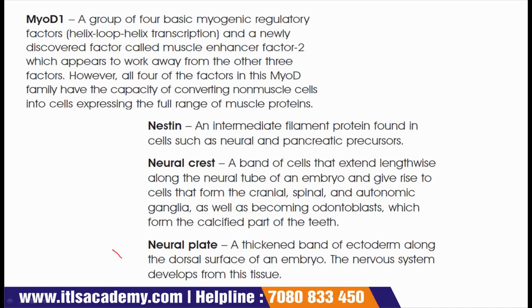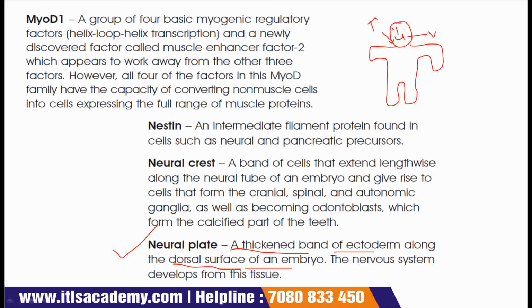The next term is neural plate. Neural plate is a thickened band of ectoderm along the dorsal surface of an embryo. What is dorsal surface? If we talk about the structure of our body, our front area is known as ventral, while our back area is known as dorsal.